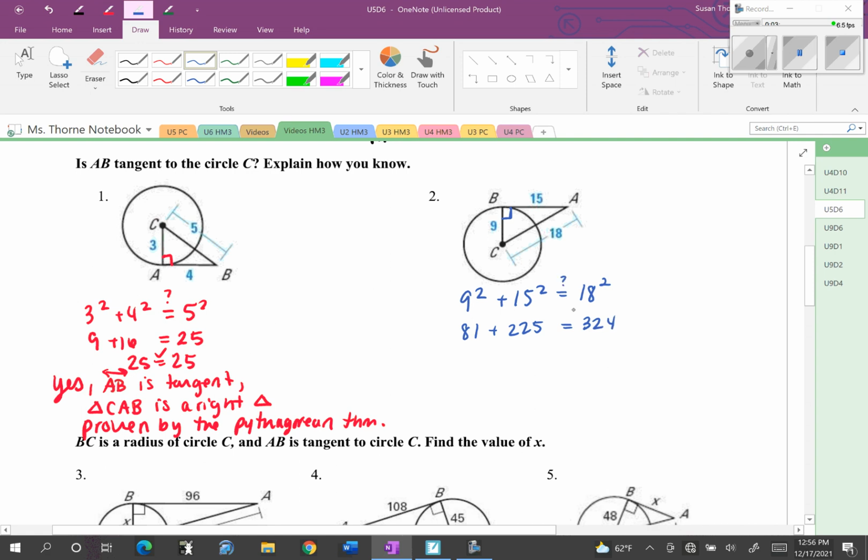So we're just trying to figure that out. Is that equal? So when we add these together, we get 306 is equal to 324, which we know is not true. So no, AB is not tangent, and triangle CBA is not a right triangle.